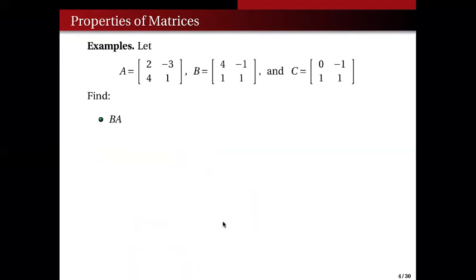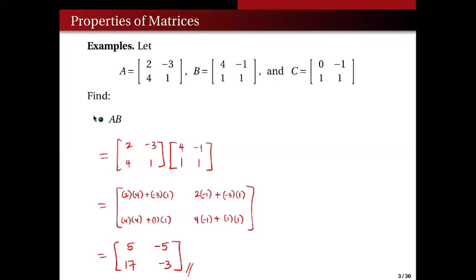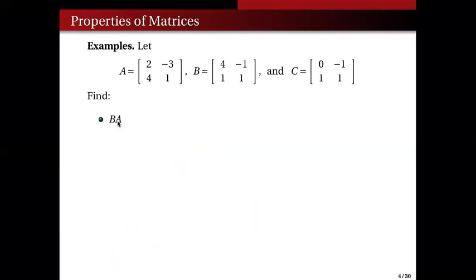Next, this time we want to get the product BA. So before we have AB, and then we have BA. And then after getting the product, let's check if AB equals BA. So this time, you have 4, negative 1, 1, 1, multiplied to 2, negative 3, 4, 1.